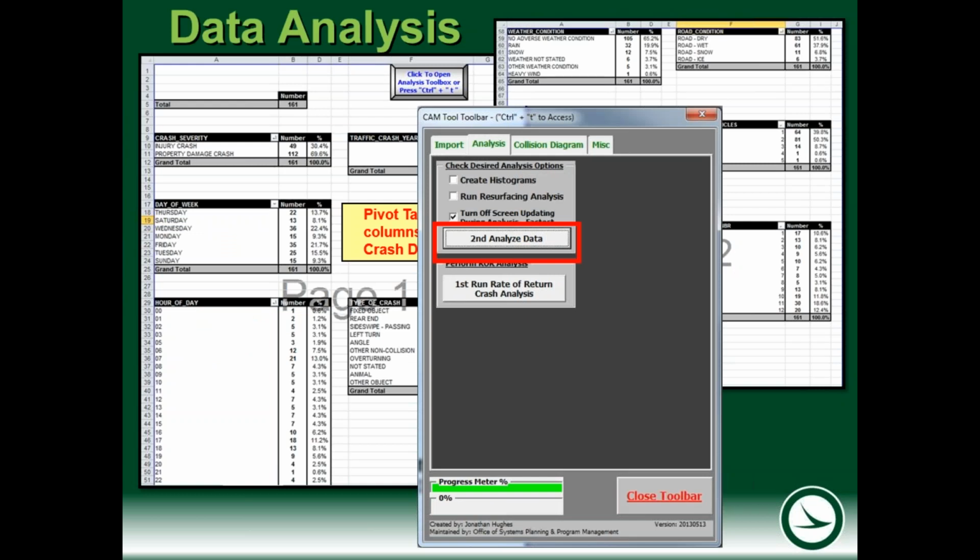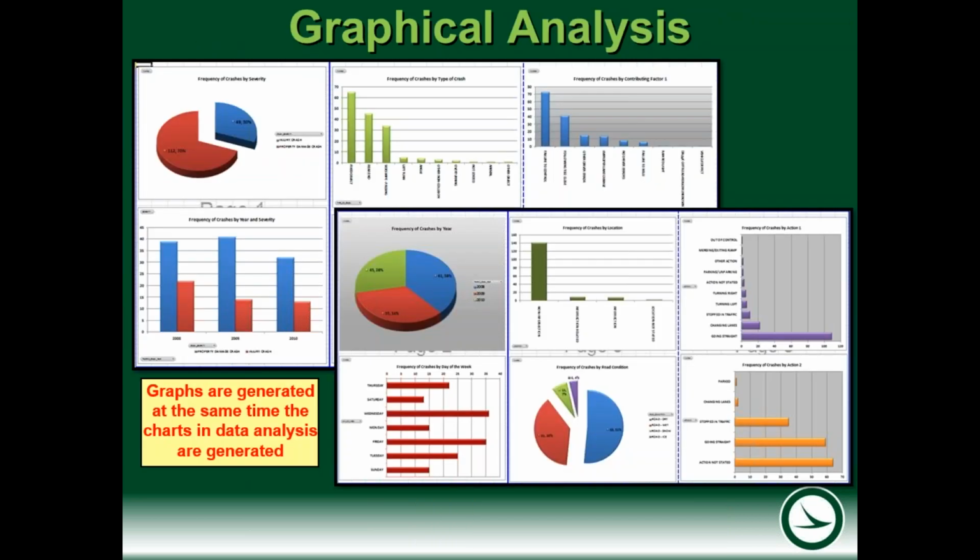So when you hit that second Analyze Data button, it not only populates these charts, but it fills out these graphs. The Graphical Analysis tab is right next to the Data Analysis. Those three tabs pretty much can be used together: the Crash Data tab, the Data Analysis tab, which is the charts, and then the Graphical Analysis tab, which is what you can see here on the screen. These are just additional features if you want to print out reports or put them in a study, anything like that.